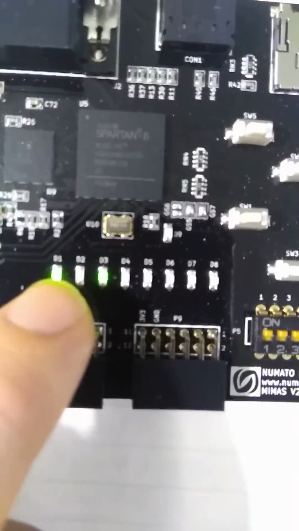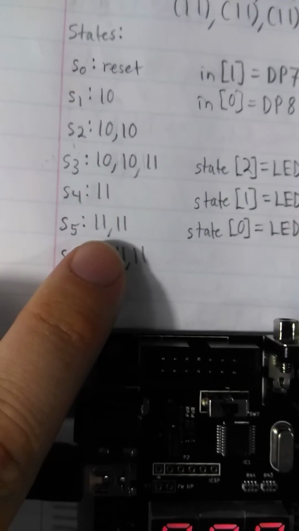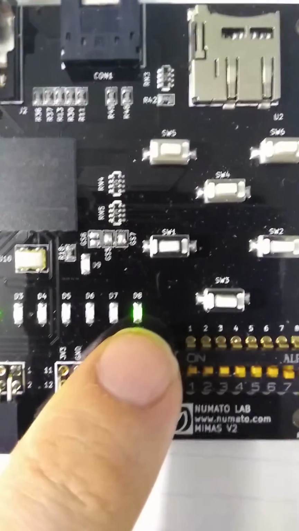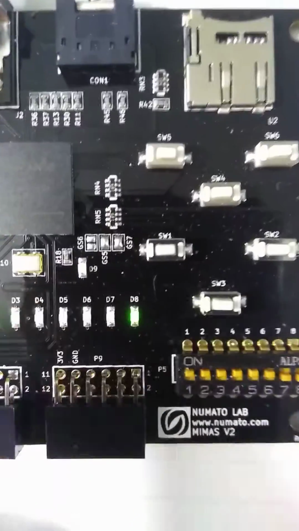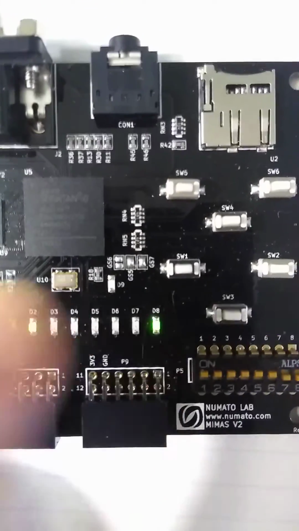Then again, go to state 5, corresponding to 2 consecutive pairs of 1 1. And then if I press it again, I go to state 6, and oh my god, that's terrible. And I get my output high, which indicates that I got one of the sequences I'm looking for.